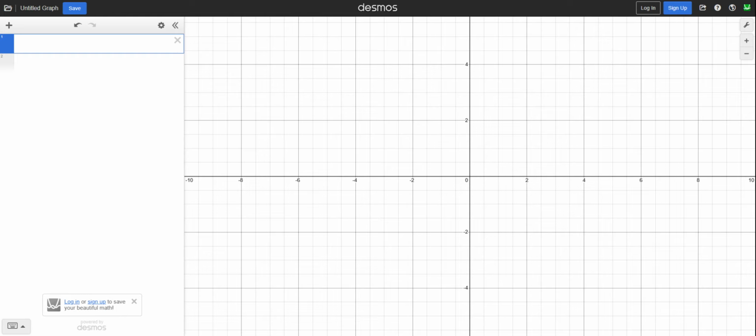So, yeah. I'll bet it was a cube root. Log.